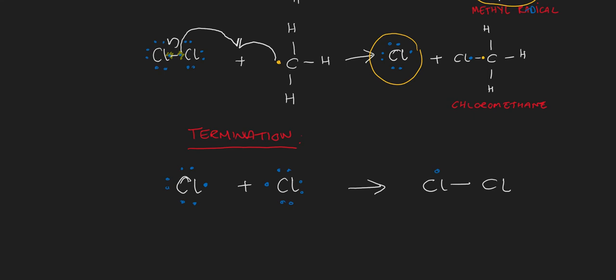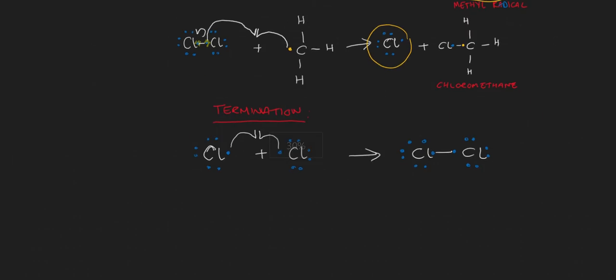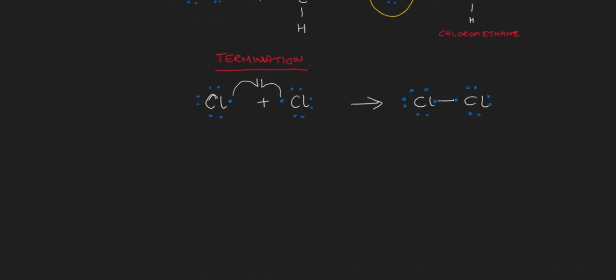Okay, and I'm going to do the same over here while I'm at it, showing that those electrons are now being involved in that covalent bond. And I'm showing the movement of those electrons. So I know this lone electron here is going to move here, and indicated by my single-headed arrow, my half arrow. They're going to move together and form a Cl-Cl bond. So that's one way it can happen.